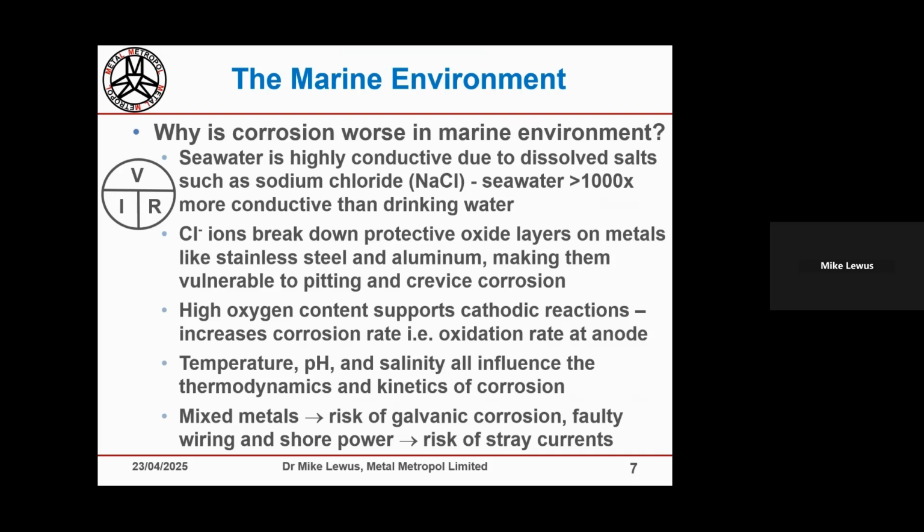It destabilizes those oxides, so it can break them down and make the materials become more active than they otherwise would be. So there's a particular downside with seawater when it comes to an ion like chloride, and as we've just seen, there's one hell of a lot of chloride in seawater.